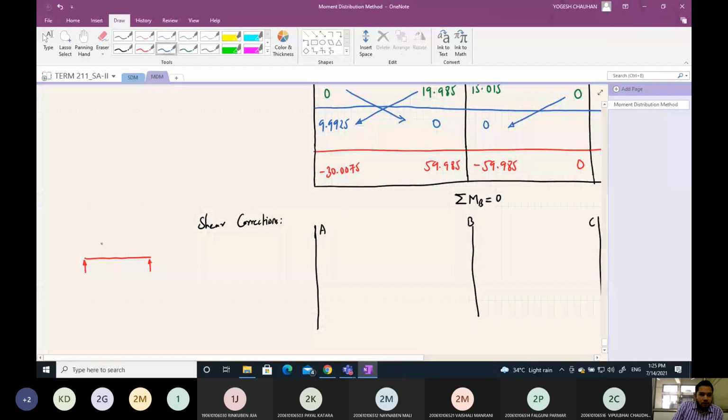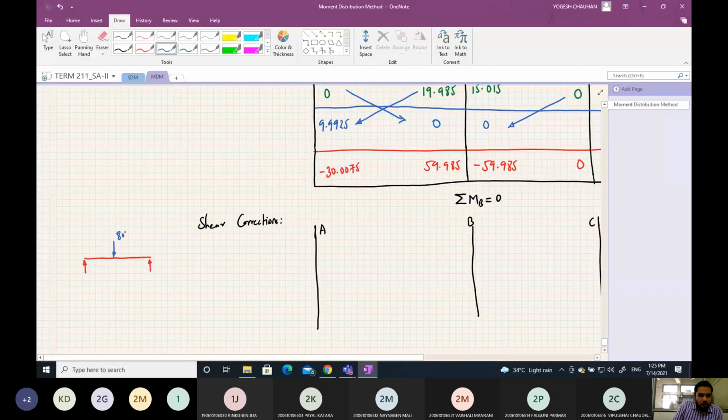So here this is 80 kilonewton, this is 4 meter. So this will be 40 kilonewton and this will be 40 kilonewton at A and B. So at A, this free shear will be 40, here it will be 40, and for the second segment it is 60 kilonewton, 4 meter.